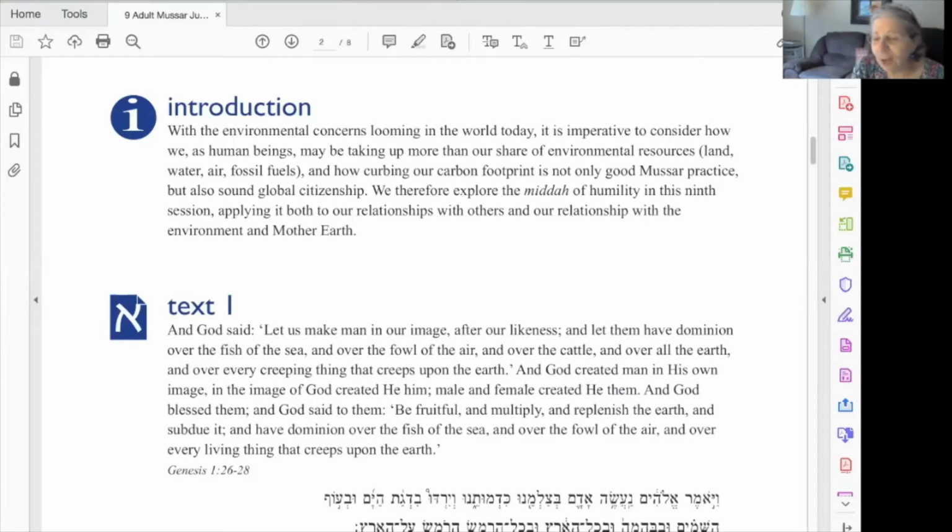These are good exercises to consider as part of Mussar practice, but also as part of living responsibly in the world. As we begin to explore the midah, the trait of humility in this session, we will be looking not only at our relationships with others, but also our relationship with the environment and the planet.